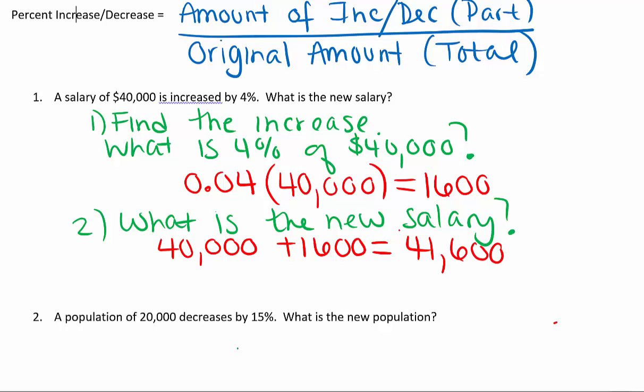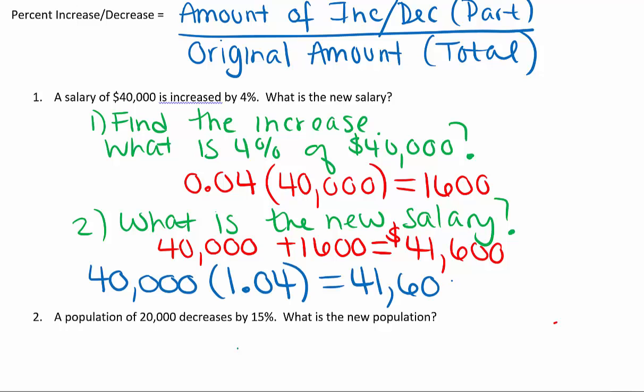41,600. Now, it's possible to do this problem in one step instead of two if you would like. You can take the 40,000 and multiply that by 1.04. And what that will do is the 0.04 takes care of the increase, and the 1 takes care of the fact that you get to keep your original salary.